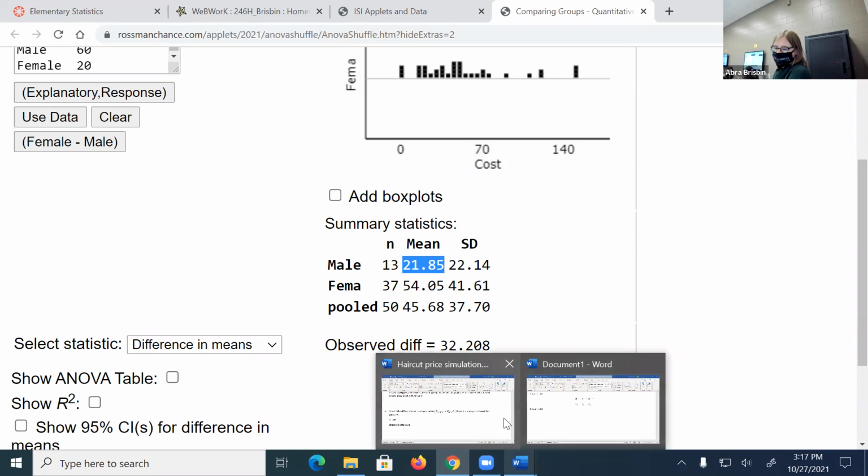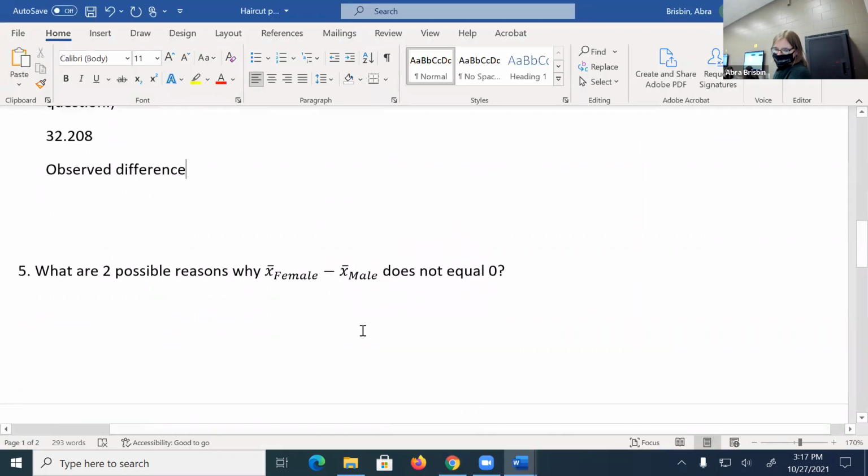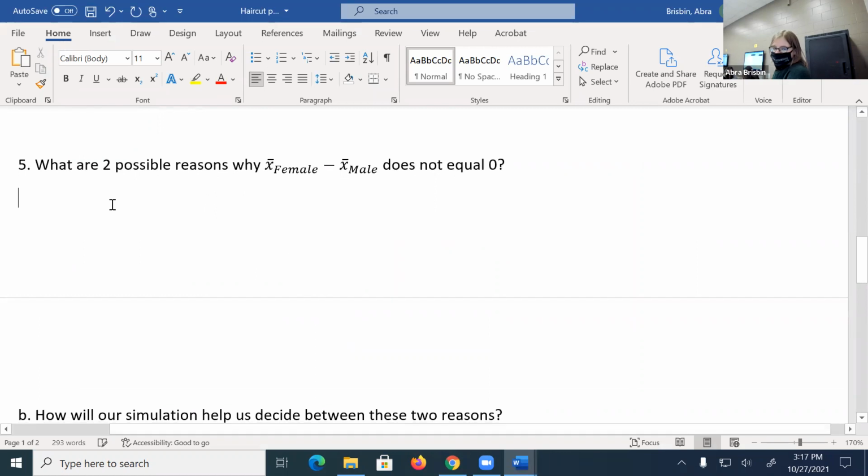All right. So what are two possible reasons why that difference of sample means doesn't equal 0? Mary? That female haircuts.